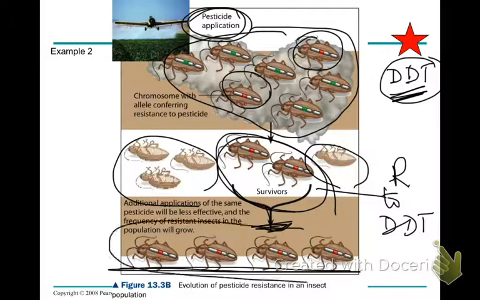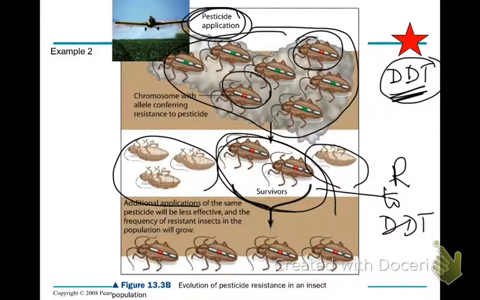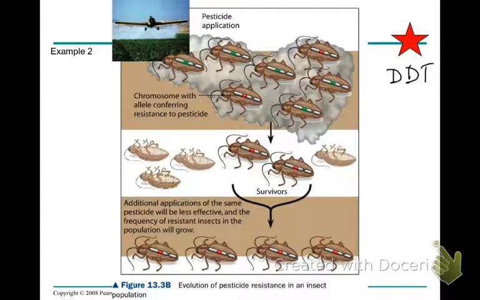Almost all of them will end up having resistance to DDT. So future applications of this pesticide will become less effective, and the frequency of these resistant pests will increase in the population.